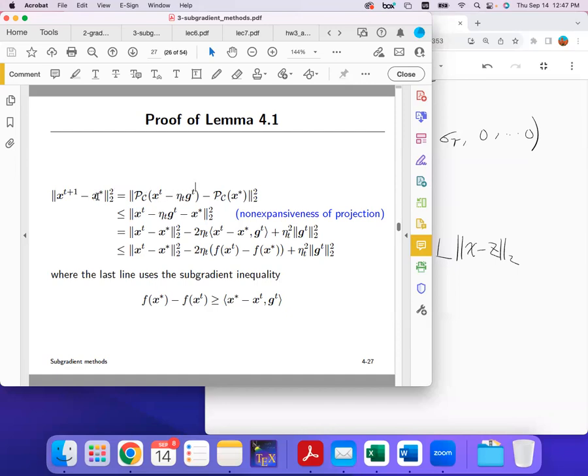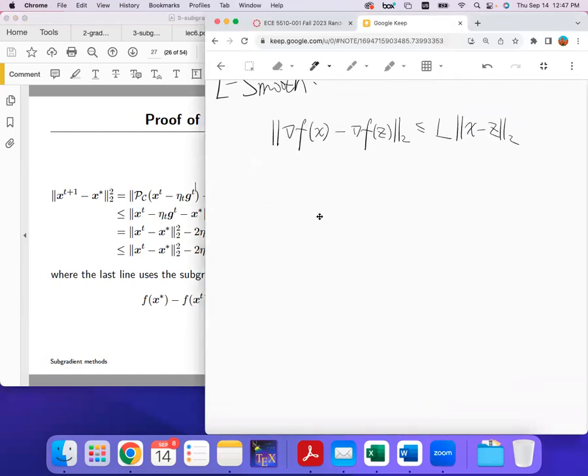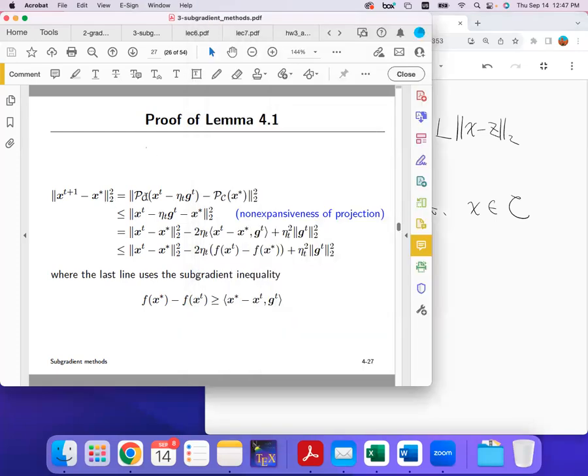Now x star is your minimizer, so it must be in C, because x star is the minimizer of this constraint problem. The minimizer must satisfy this constraint, so x star must be in the set C.